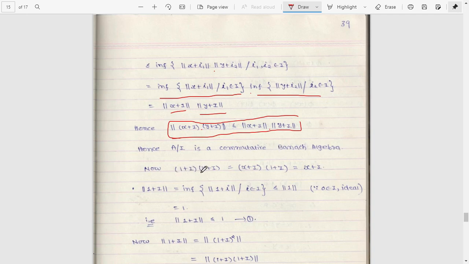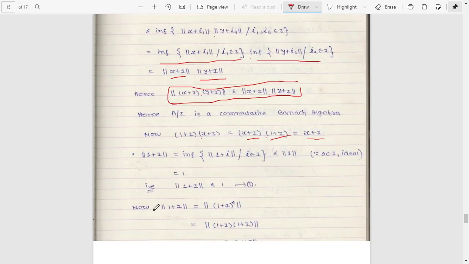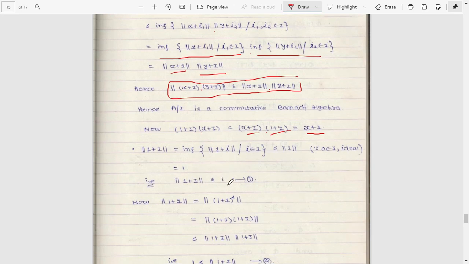Now (1+I)(x+I) = (x+I)(1+I) = x+I, and norm of (1+I) equals the infimum of norm of (1+i) such that i belongs to I, which is less than or equal to norm 1, because 0 belongs to I as I is an ideal, and this equals 1. That is, norm of (1+I) is less than or equal to 1. Equation number 1.